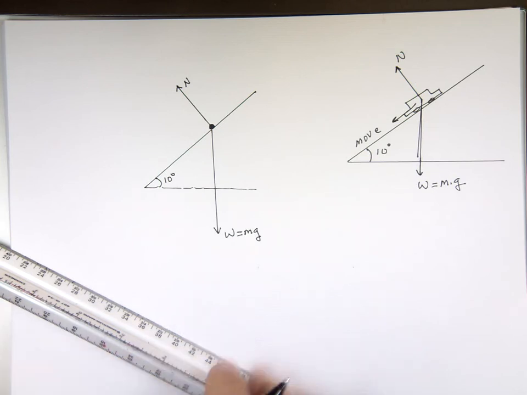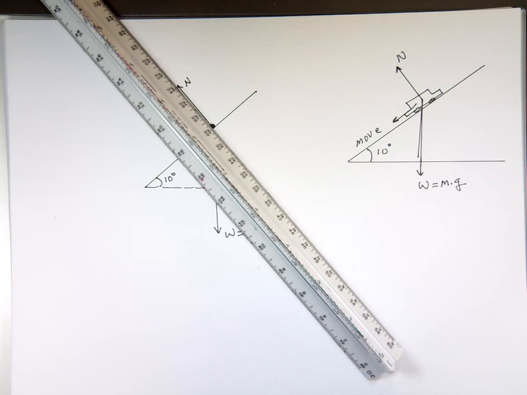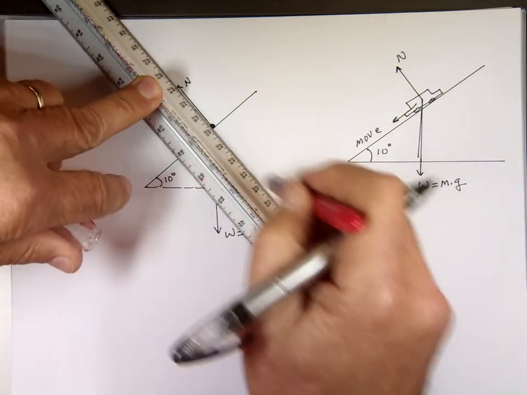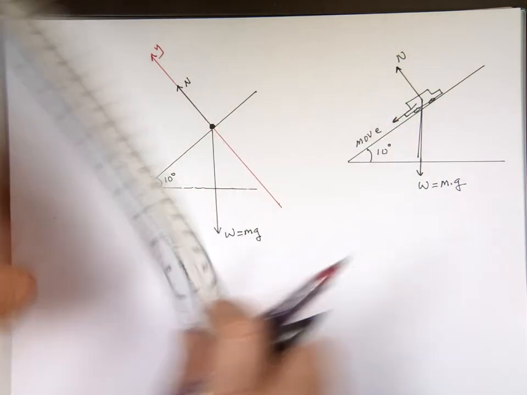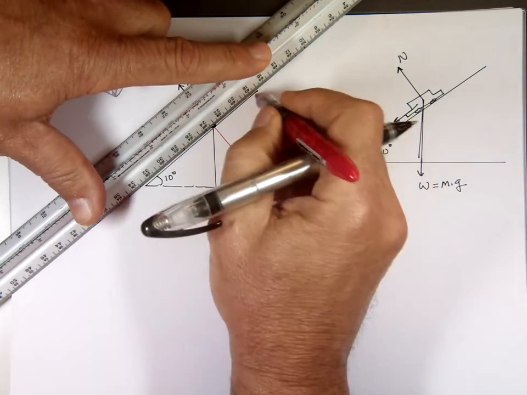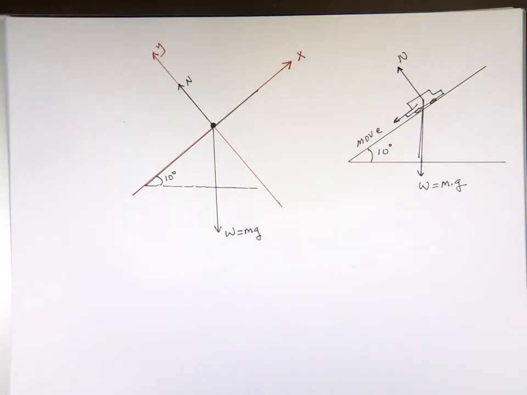Because if you make this your y-axis, here we go, I'm going to use a red color for this. This is the y-axis. And make this my x-axis. Can you see the two vectors?